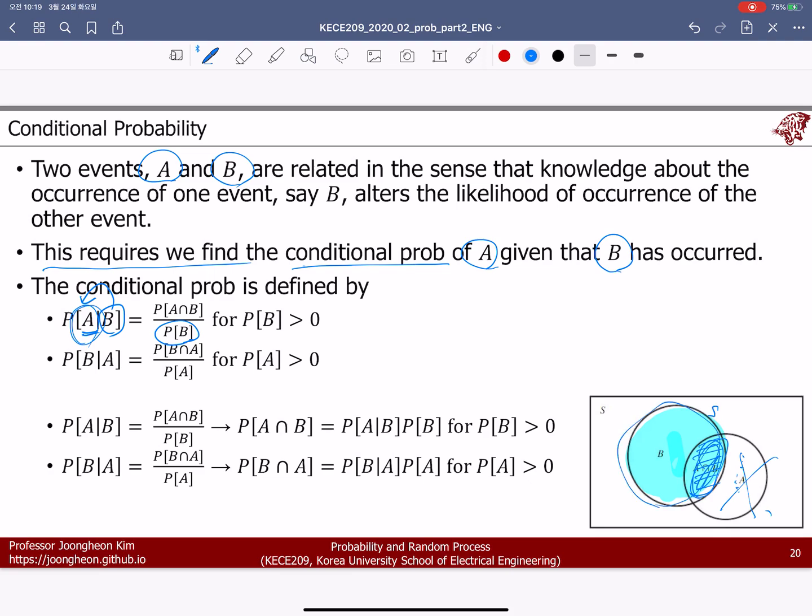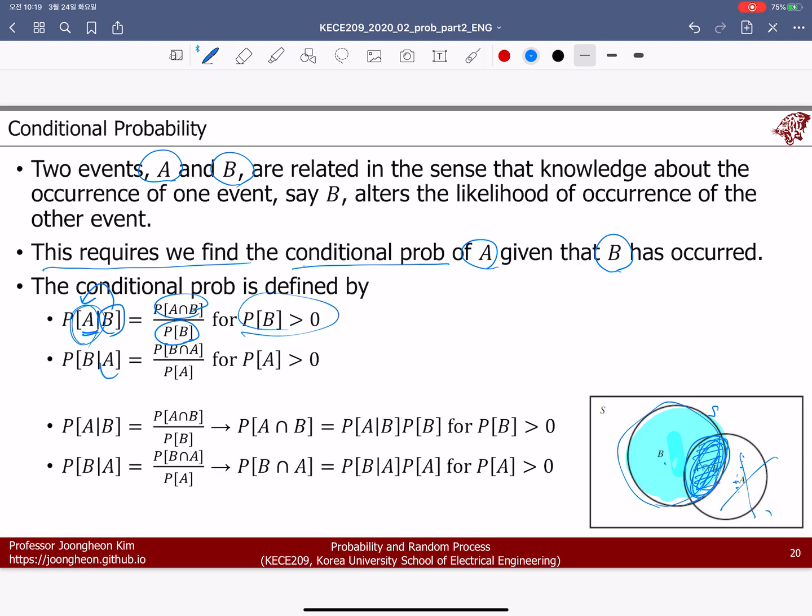And then inside there, we have to find A. That's why this is A intersection B. But in this case, our basic assumption is that we should be able to have B for sure. If B is an empty set, then we cannot use this kind of theory. That's why the basic assumption is that P of B is positive.